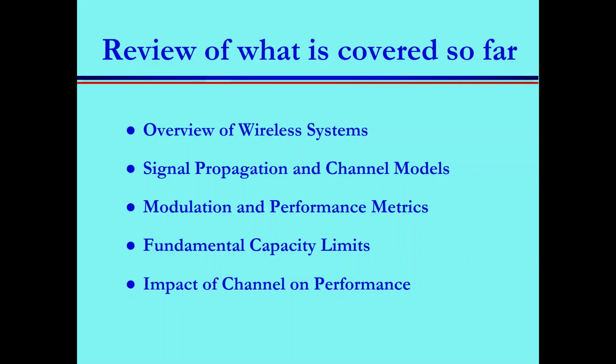And then we studied the fundamental capacity limit of different types of wireless channels, starting from flat fading, frequency selective, with different cases. And finally, in last lecture, we studied the impact of channel on the performance of your system. For example, we studied the effect of fading on the outage probability of your scheme.